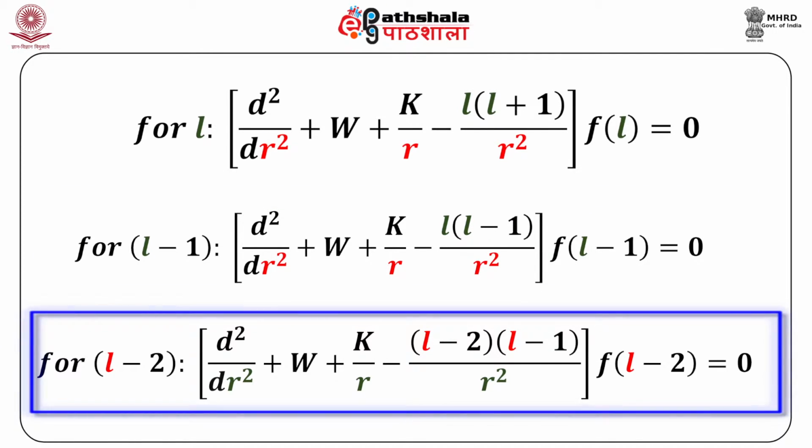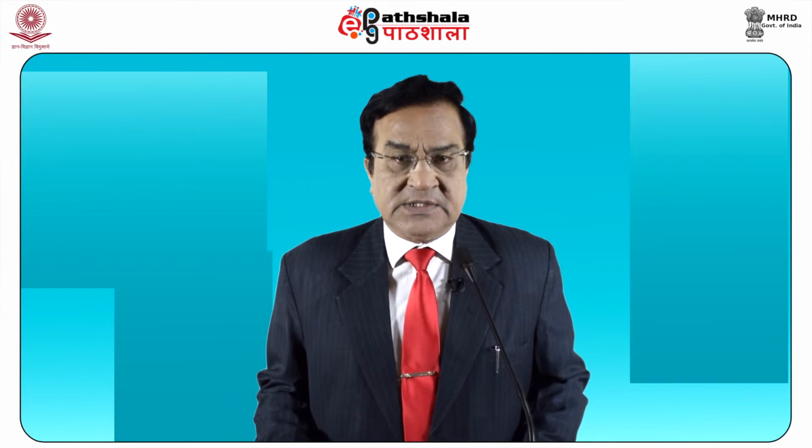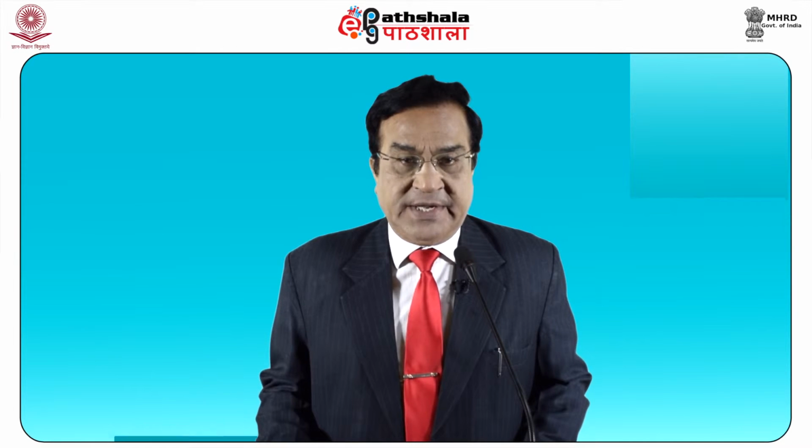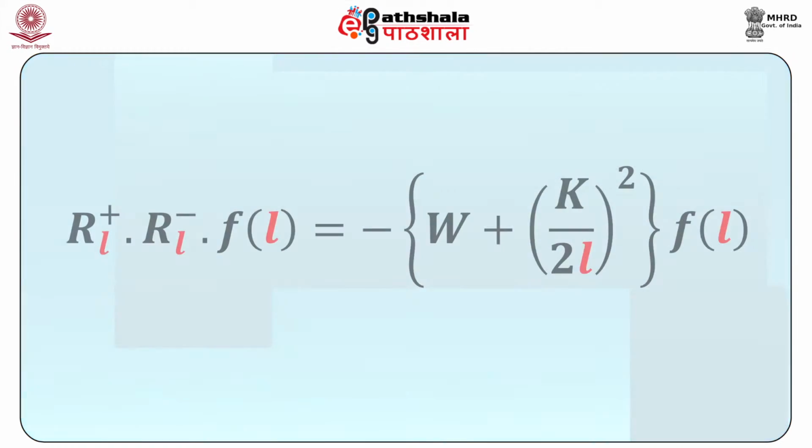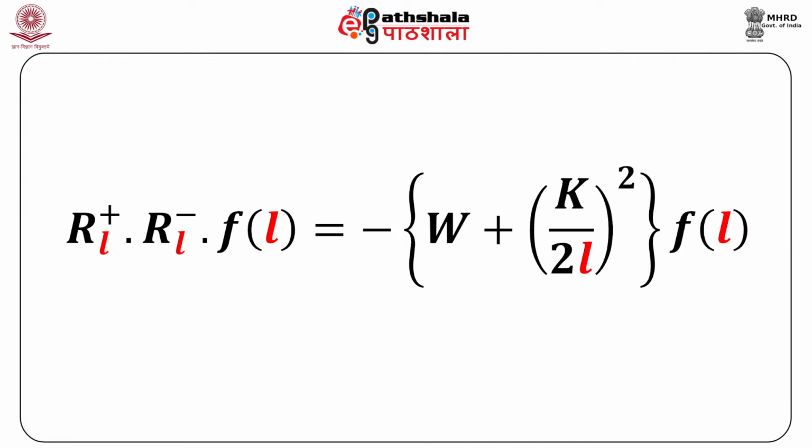And if it is L minus 2, the equation has a different form. So this point we have to keep in mind. And now once we have got this equation, R_L plus R_L minus F_L is equal to minus (W plus (K/2L) whole square), then in parentheses, and then we have F_L.